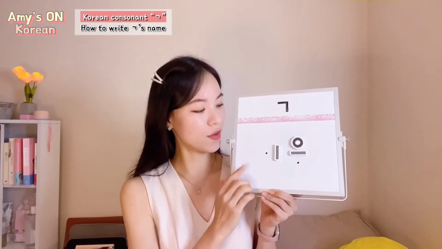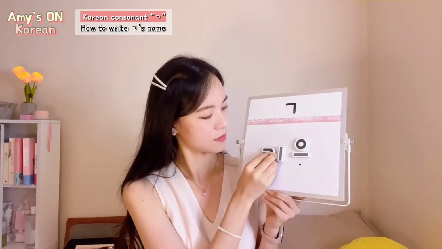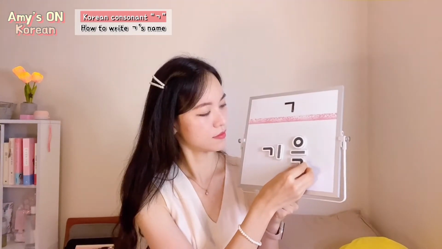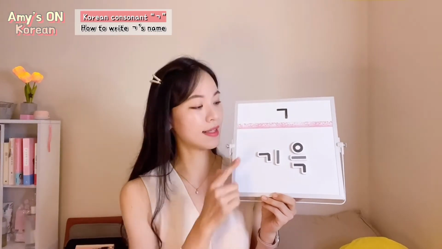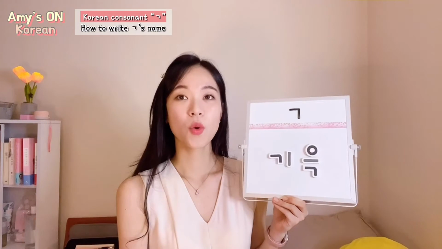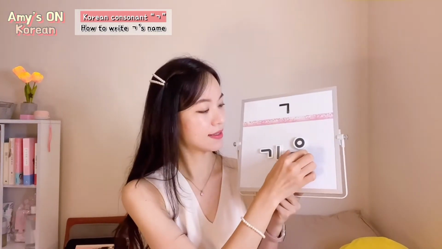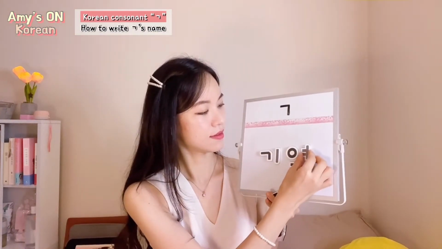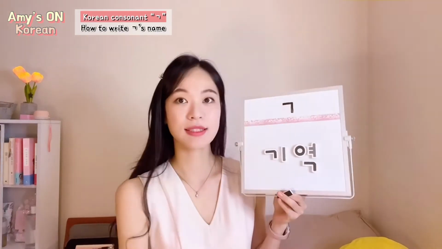In the previous video, I told you how to make the names of consonants. You can write each name in this form, and you should put each consonant over here and here. Ta-da! This must be the name of 기역. But I also mentioned that there are 3 exceptions that have a different shape to this, and 기역 is one of them. We can write its name like 기역.